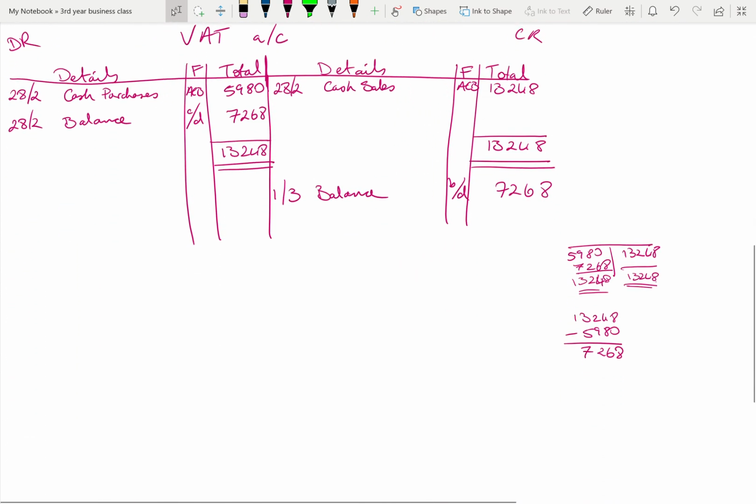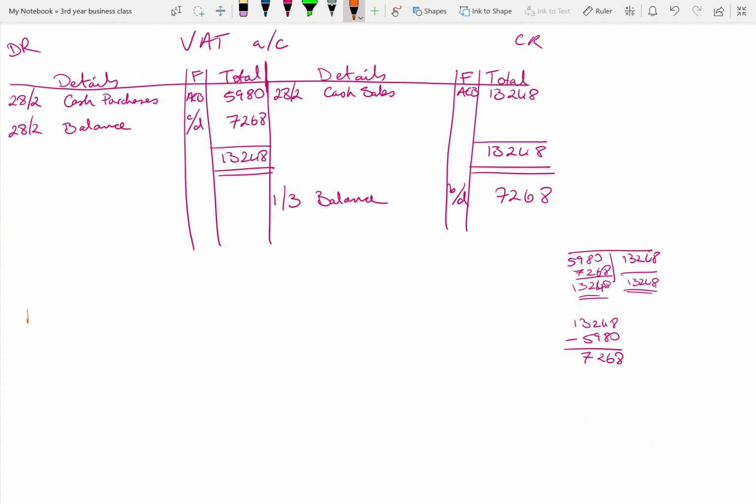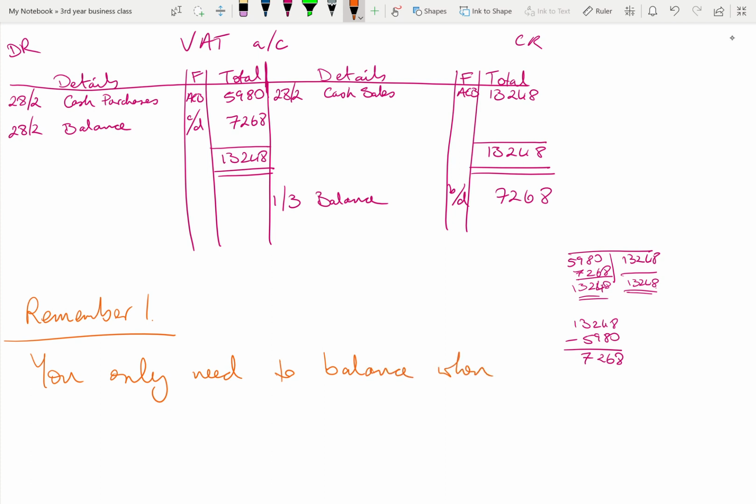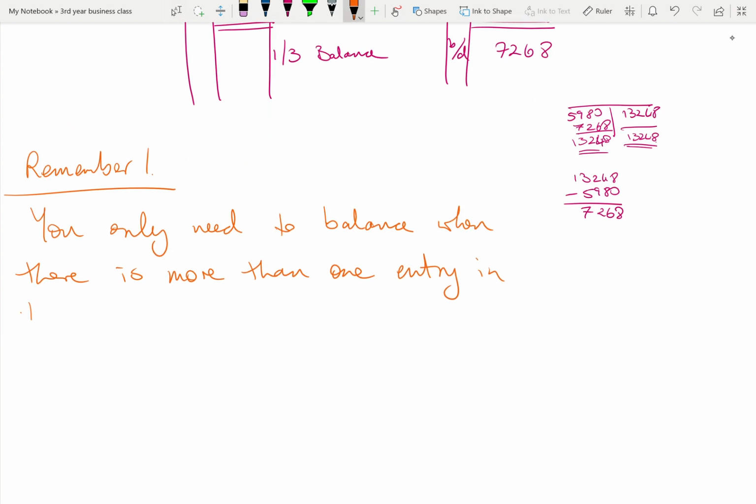But please remember, you only need to balance when there is more than one entry in the T account, in the general ledger account.